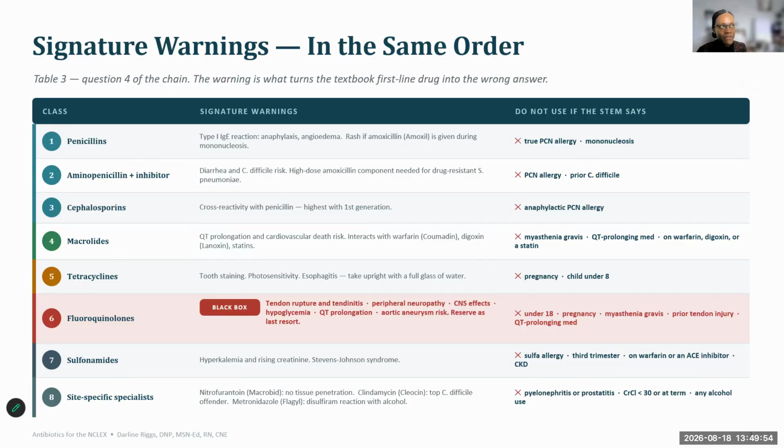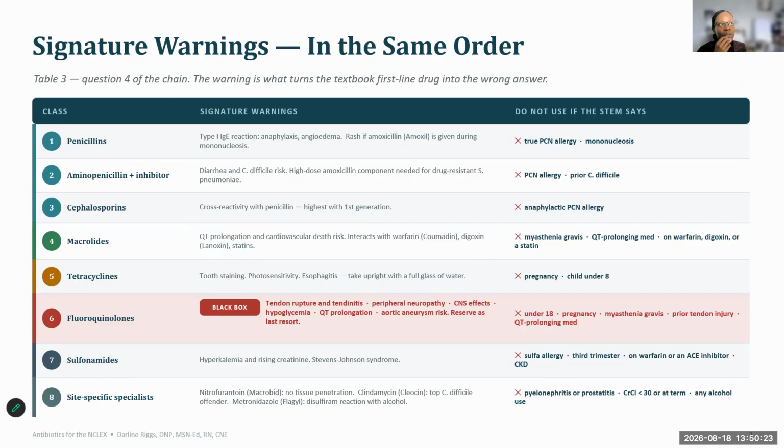So diarrhea and C. diff risk. So high dose amoxicillin components are needed for drug resistance, which we have quite a bit of, but if that's the drug we have to use, they're at risk of the C. diff. So you need to keep that in mind. So we won't use Augmentin either if there's a true penicillin allergy or if they've had a prior experience with C. difficile. So that's for number 2.